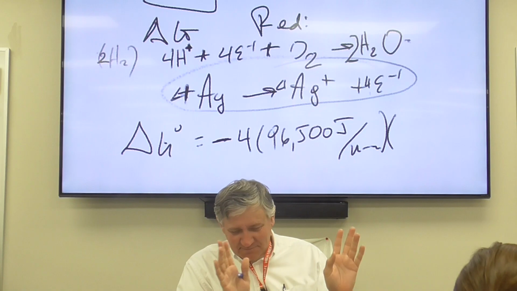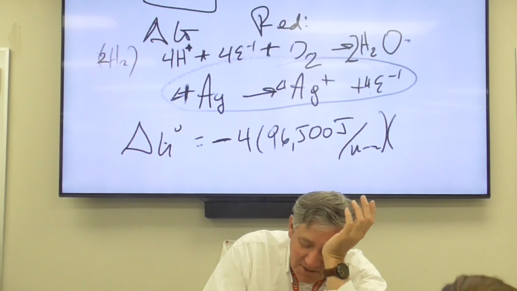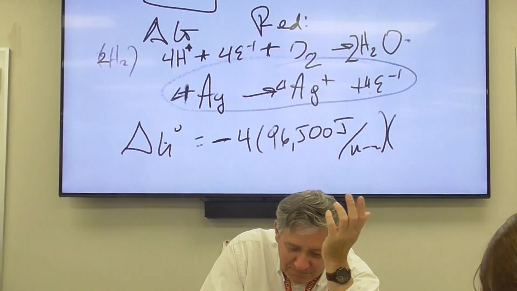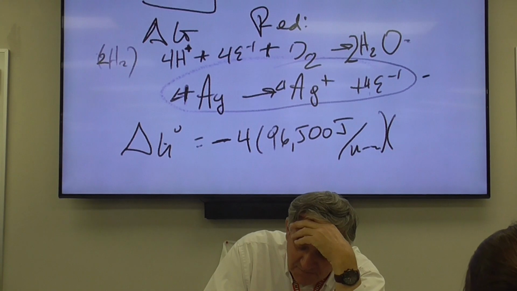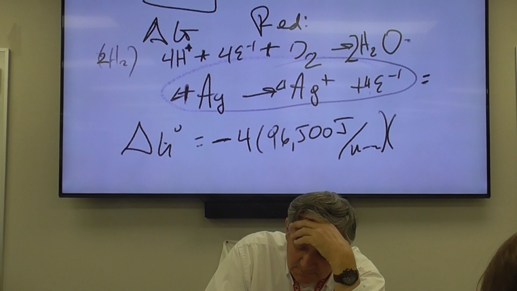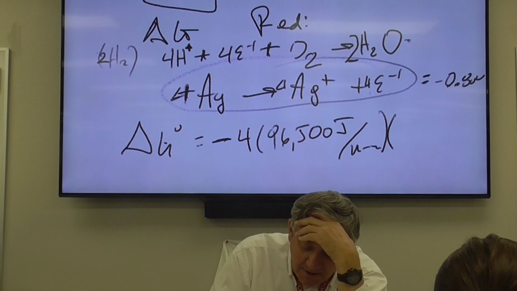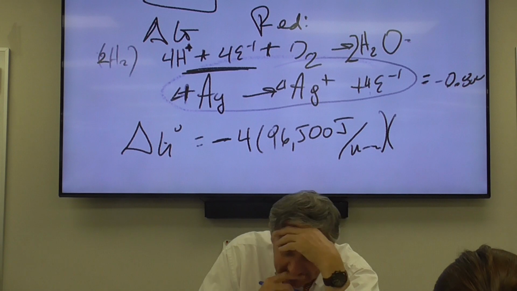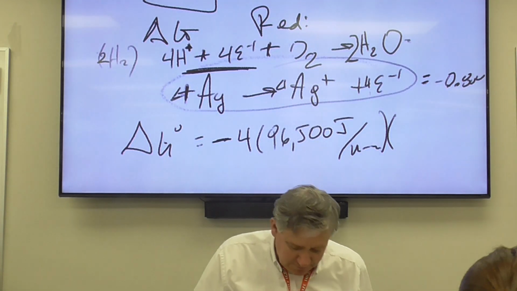We're just going to switch it. Okay, so because we're going to switch it, what's the value of the silver oxidation? Negative 0.80.